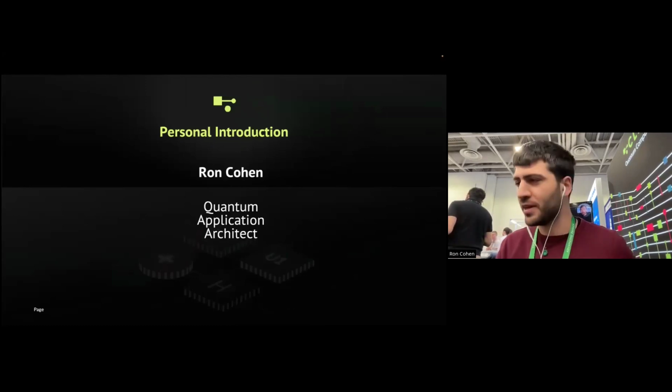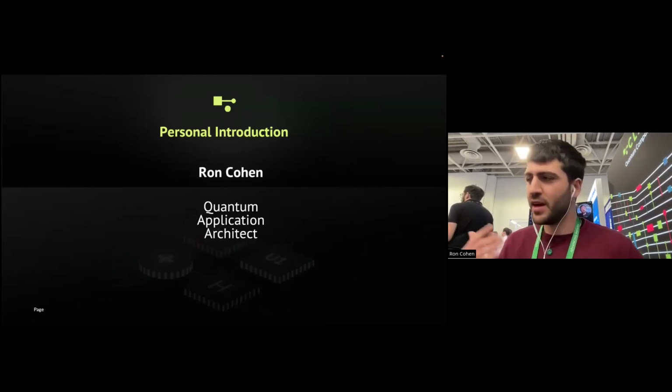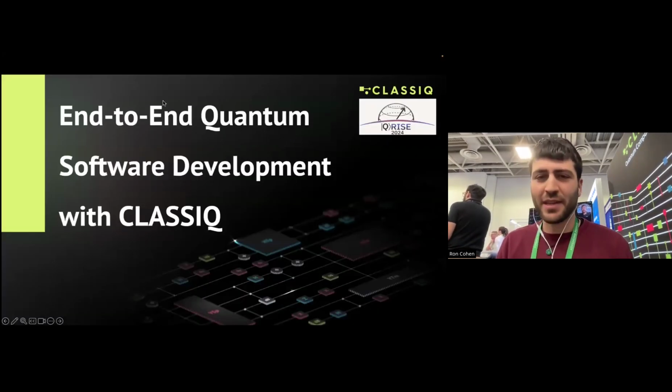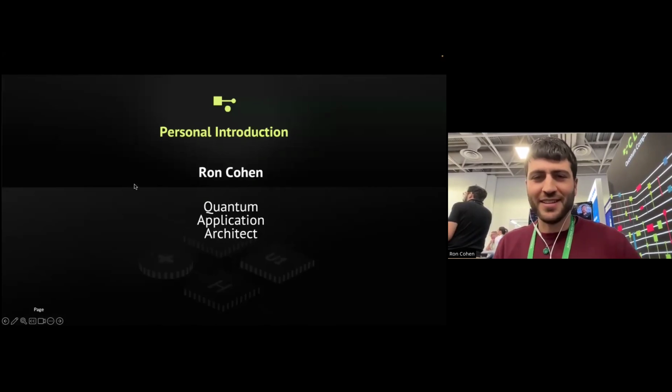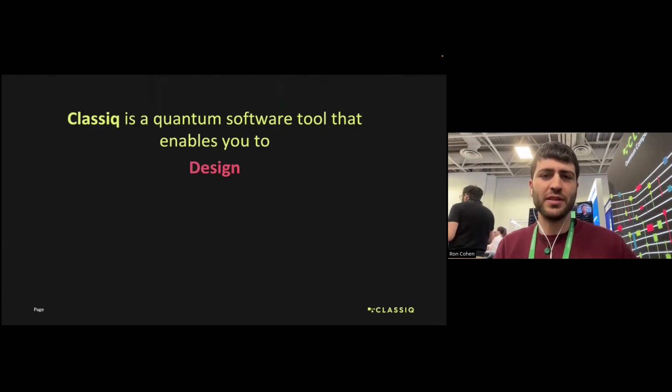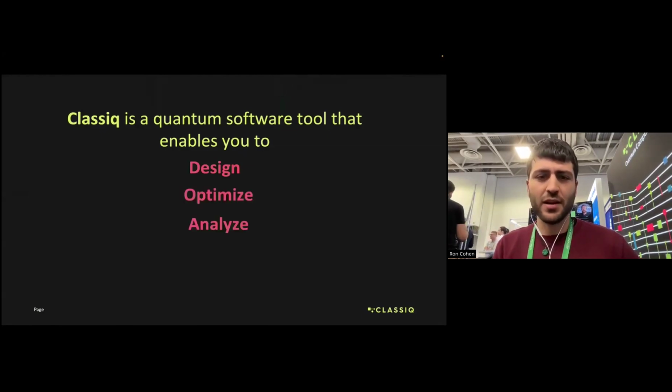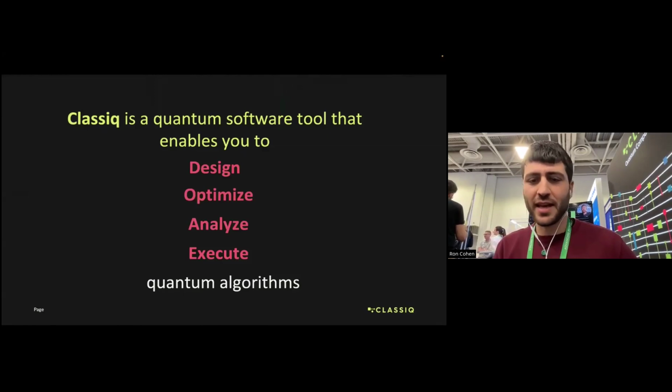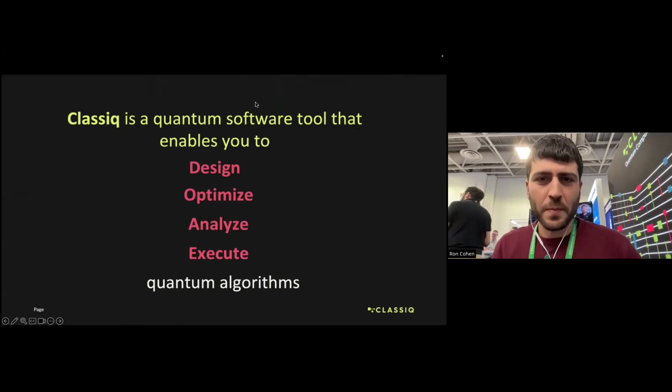Now I'm a quantum application architect, which means I work with users like you, and I tell them how they use the product. I learn the research, and I'm the guy for you. That's about me. And what is Classiq? As I said, it's a quantum software tool that enables you to design, optimize, analyze, and execute quantum algorithms.